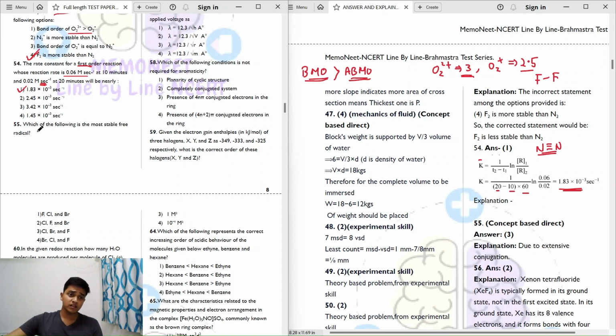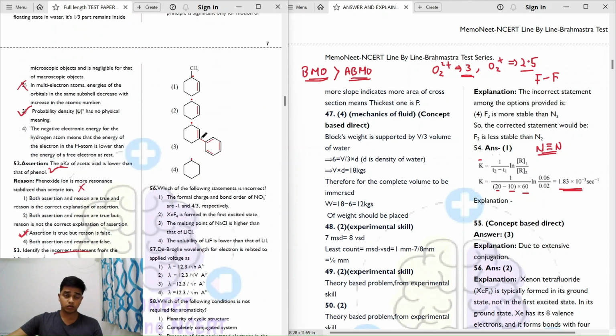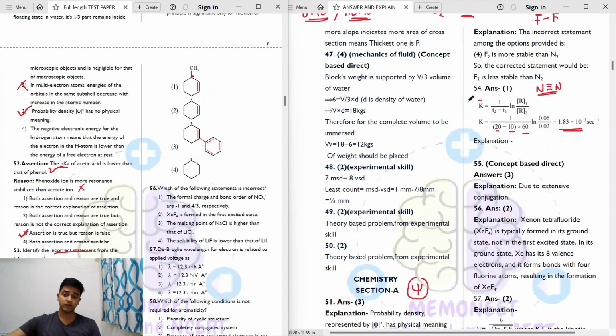The question says, which of the following is the most stable free radical? We have 4 different free radicals, and we have to tell which will be most stable. The things that stabilize a free radical, first of them is delocalization. The more the delocalization, the more will be the stability.